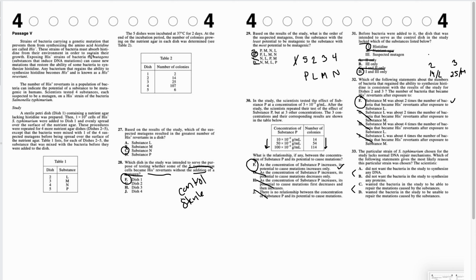So here's some synthesize. These strains of bacteria must absorb histidine from their environment in order to sustain their growth, exposing these strains of bacteria to mutagens, substances that induce DNA mutation. So it looks like we want the DNA to mutate.